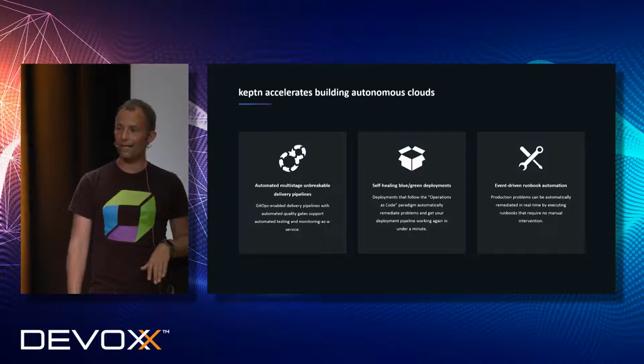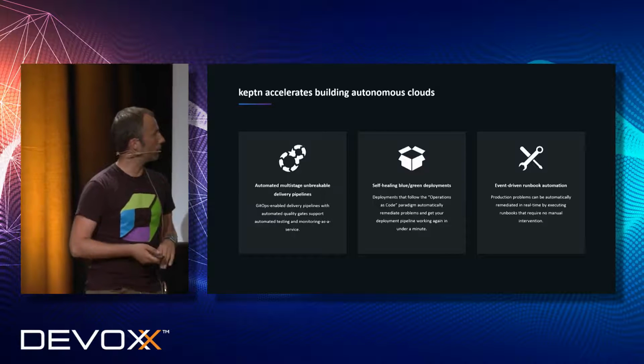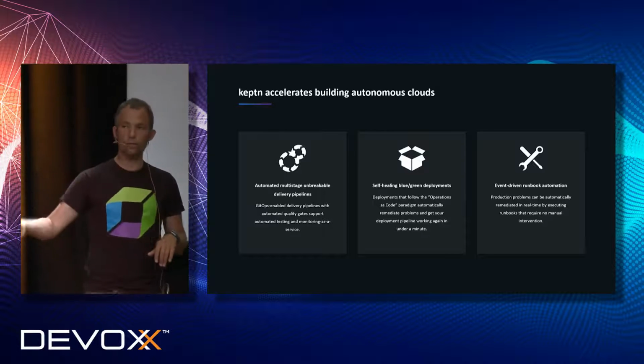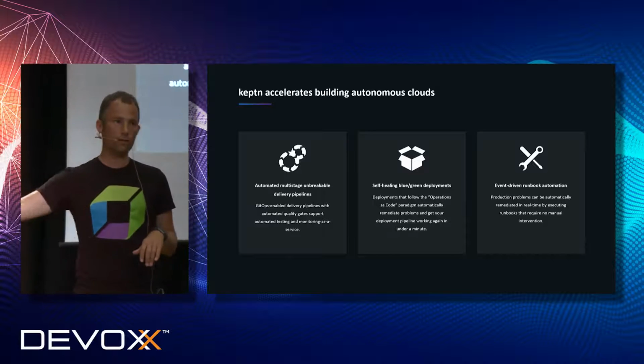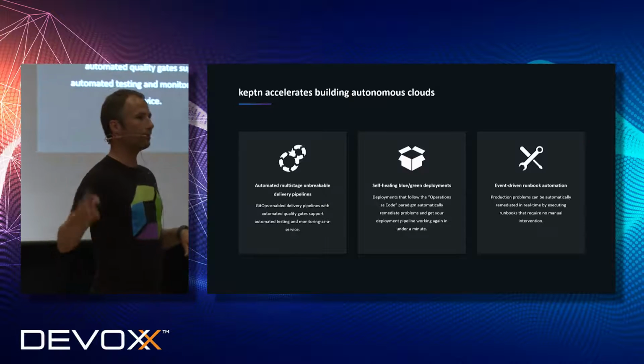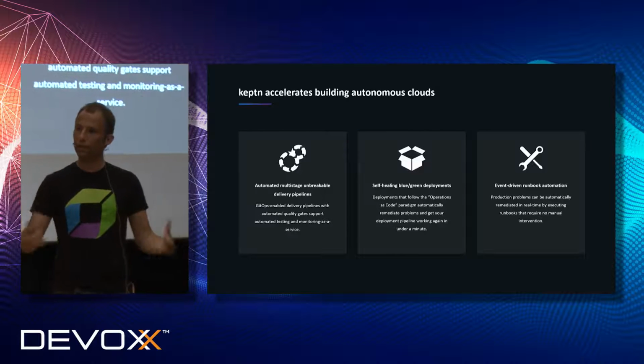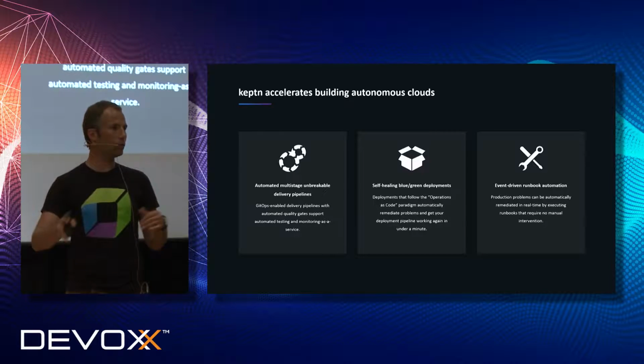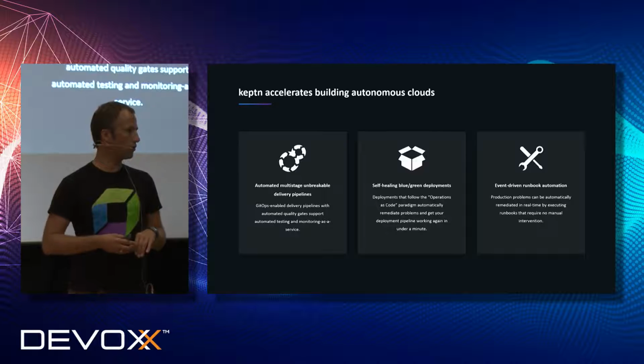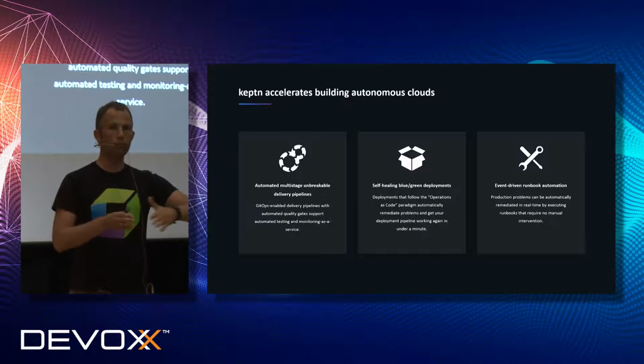And on the right side, we have event-driven runbook automation. That means if something is in production, in the hands of mission control, and something goes wrong, we get the data from all the tools that are feeding data to keptn, and then keptn is executing the right remediation actions. Scaling up, scaling down, redirecting traffic.